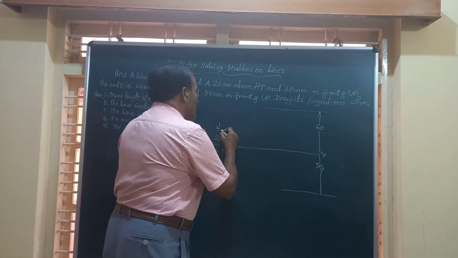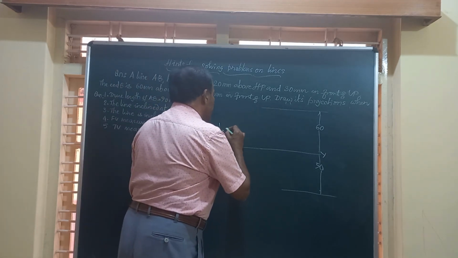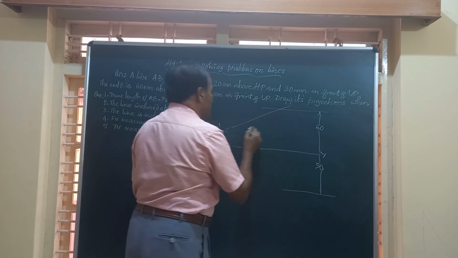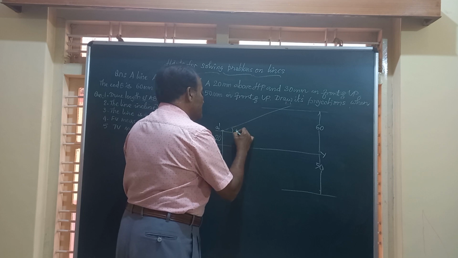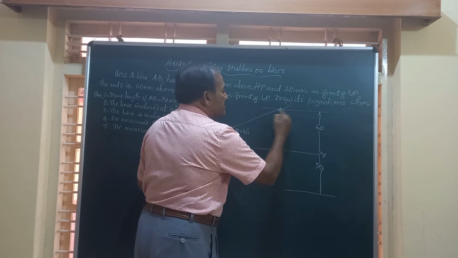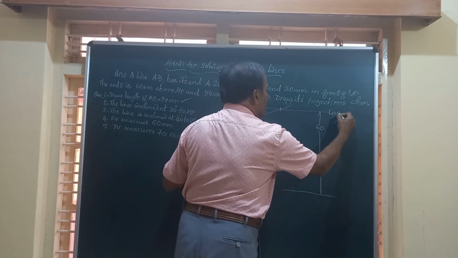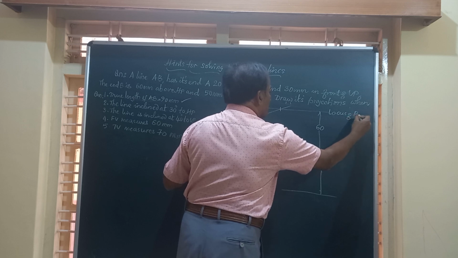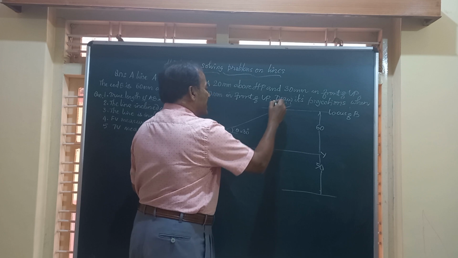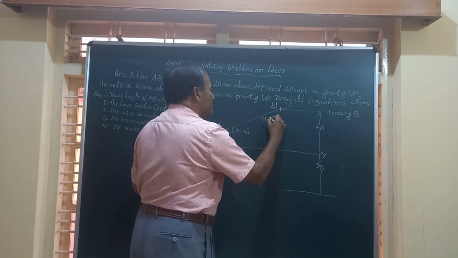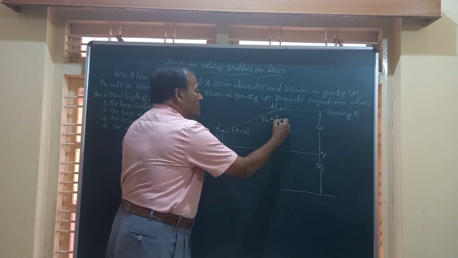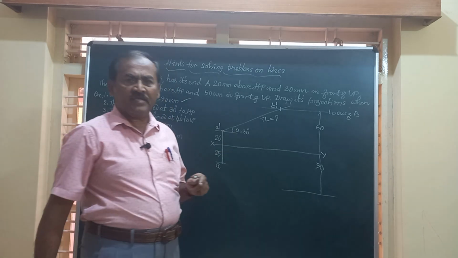Friends, if you draw a line from here, inclined at an angle of 30 degrees to HP, that is theta is equal to 30 degrees, this will intersect this locus of B at this point. This is the true length, so we will call it B1 dash. So A dash B1 dash will give you the true length, and you can just keep a scale and measure and find out what is the true length of the line.